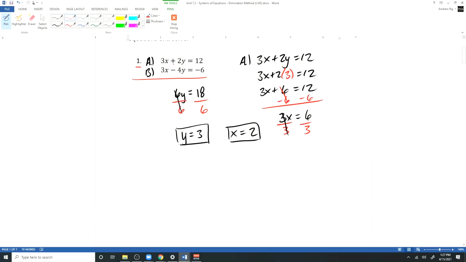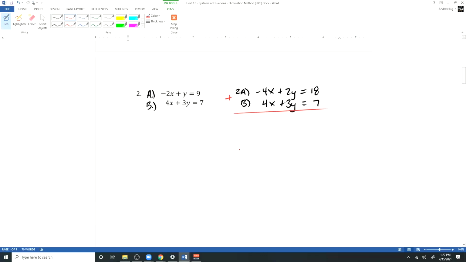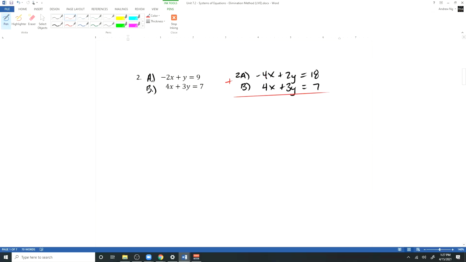When I subtract, this will go to 0, meaning that the x will cancel. In this one, they're exactly opposites. Negative 4x and positive 4x. If the signs are the same, subtract. Same sign, subtract. If they're opposite signs, add. So same sign, subtract. Opposites, add.